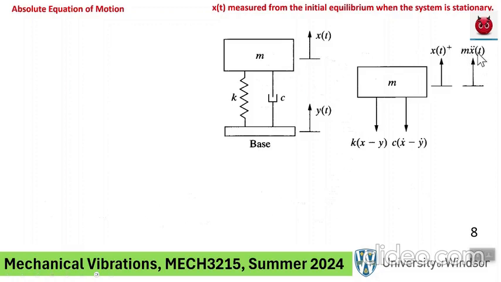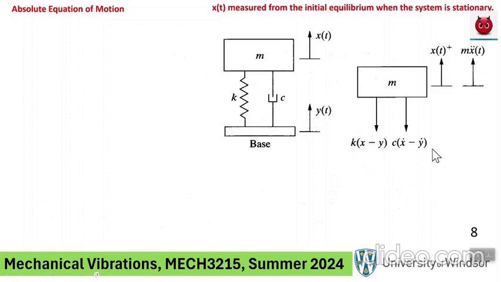We are measuring it from a fixed position, and this fixed position is the equilibrium position of the mass when the base stays put. That's why when you write the equation of motion, we can write the sum of all the forces equal to mass times acceleration, and the acceleration we can say is x double dot, because x is measured from some fixed inertial reference point, the equilibrium position.